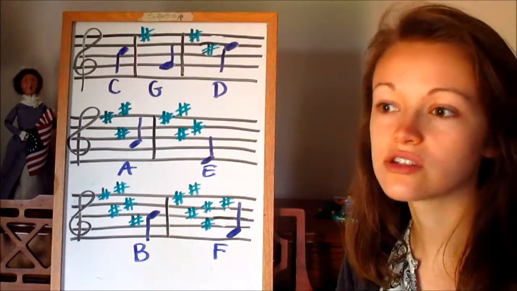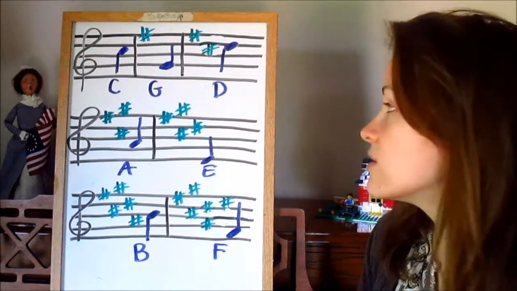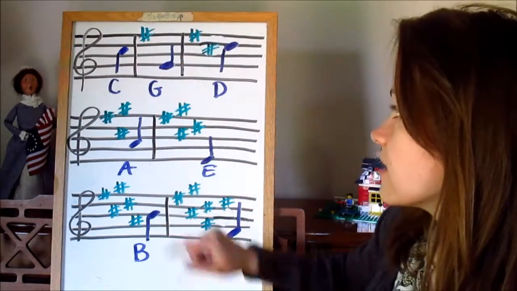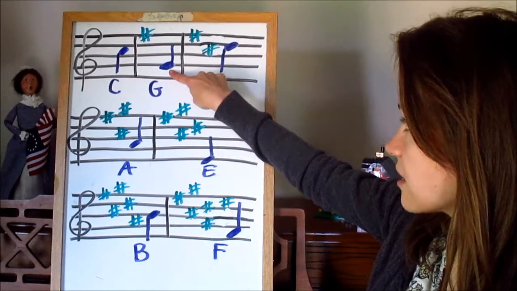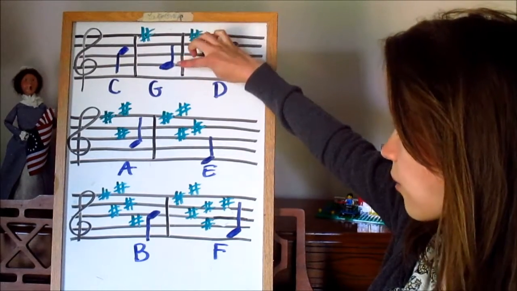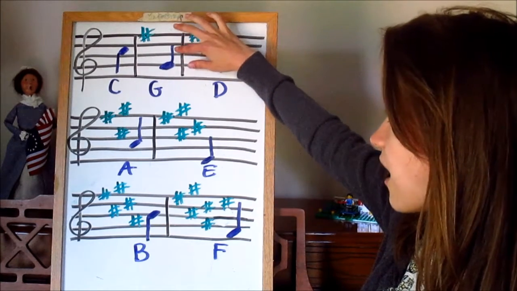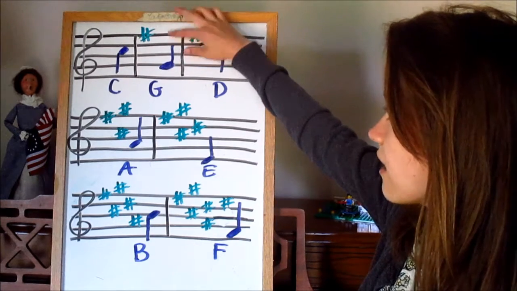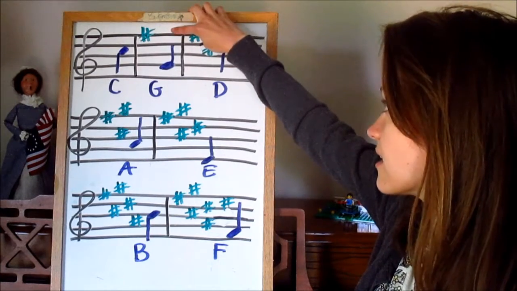So we'll start with keys that have sharps. If you have one sharp, you're in the key of G major. So G is here on the staff. G is do, A is re, B is mi, C is fa, D is sol, E is la, F sharp is ti, and G up here is do.